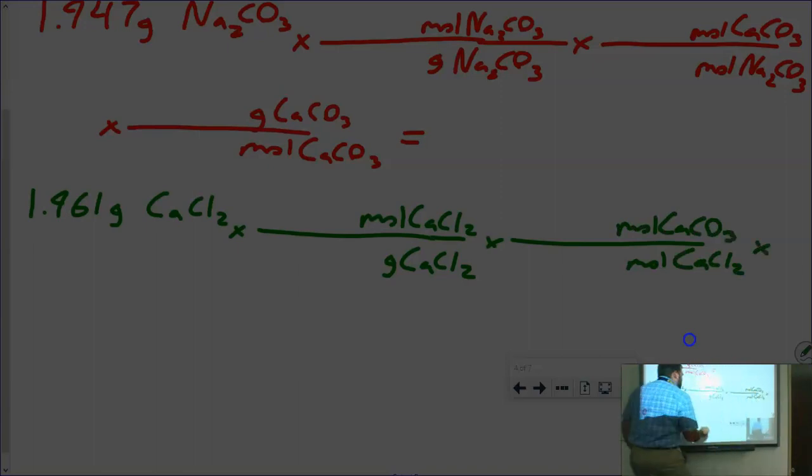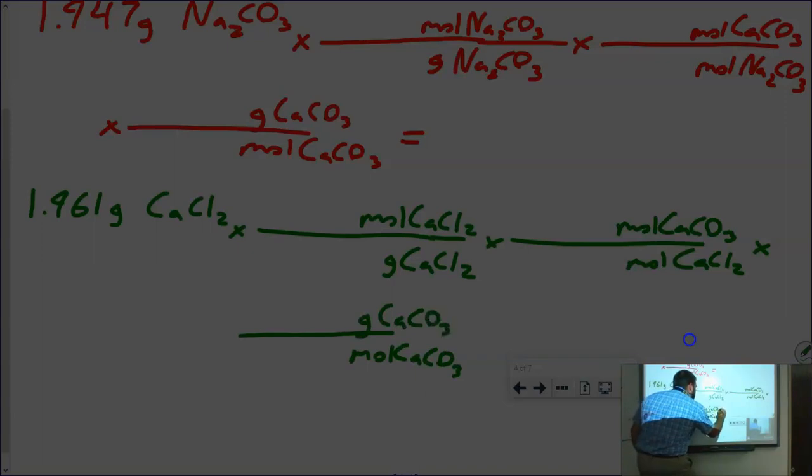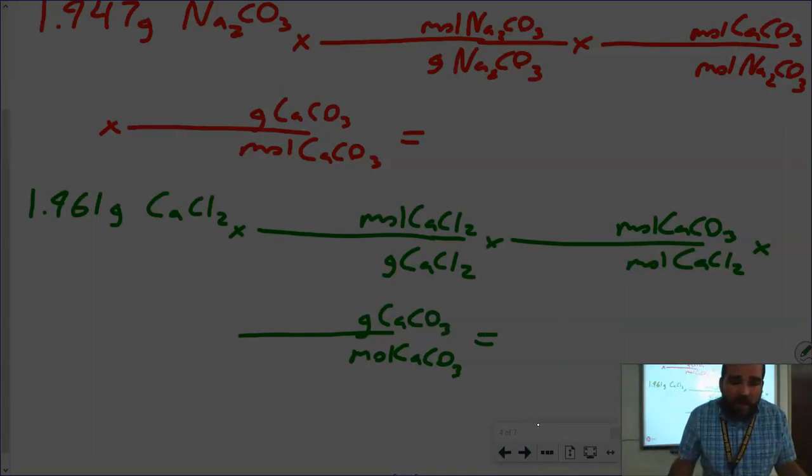And then last but not least, I'm going to convert that from moles of CaCO3 into grams of CaCO3 and solve that, okay? I'm going to pause it. I'm going to write all this stuff in and come on back, but that's the setup, right? That is the setup you need to solve both of these factor label problems and figure out this limiting reactant.